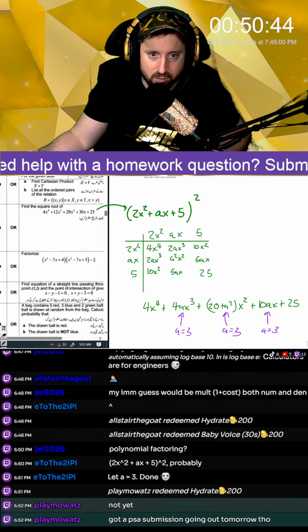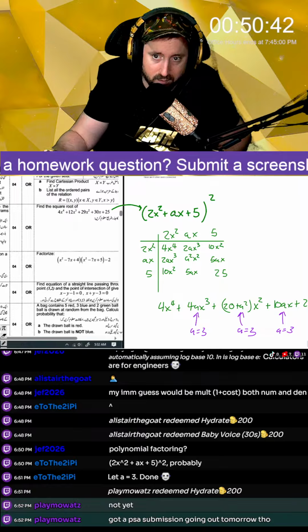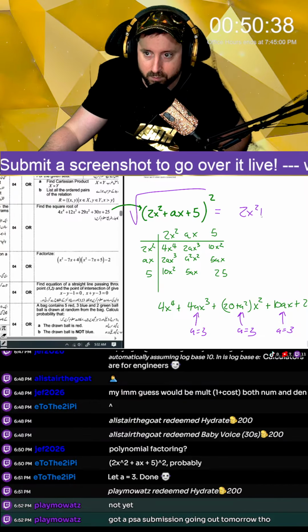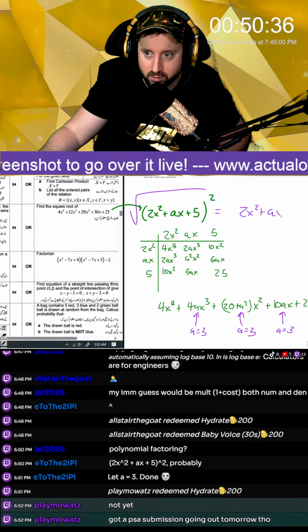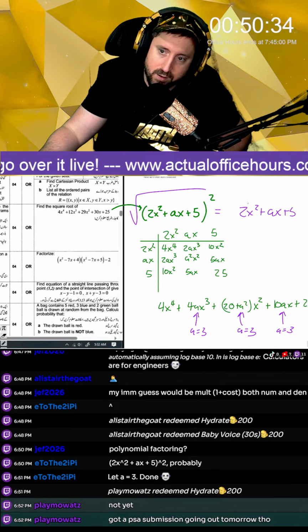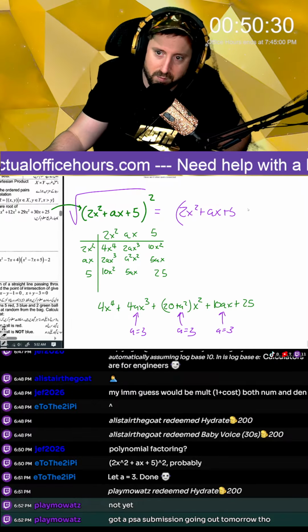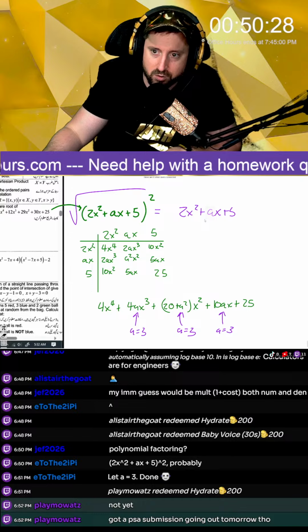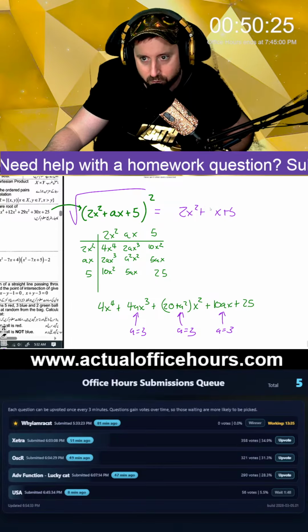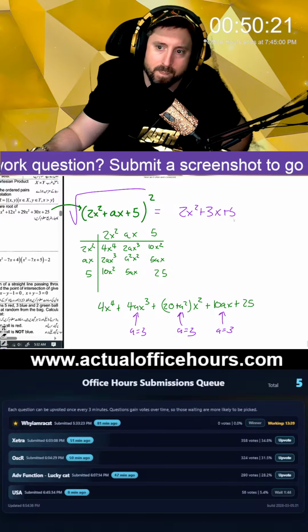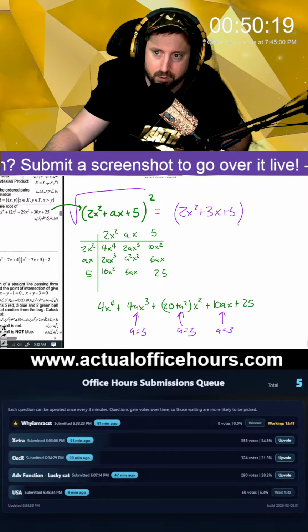So yes. So cool, the square root of that is just then equal to 2x squared plus ax plus 5. Is it technically plus or minus? I think maybe they just take the positive root. Sorry, not 2ax. 2x squared plus 3x plus 5, a equals 3, that's what I'm going to say. And then I think it is plus or minus, so no?